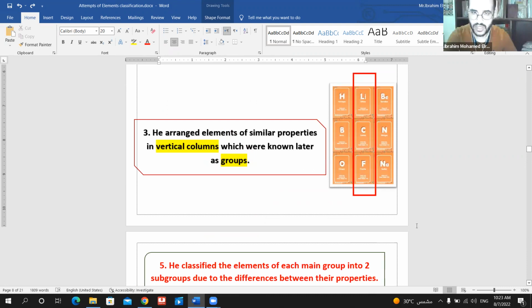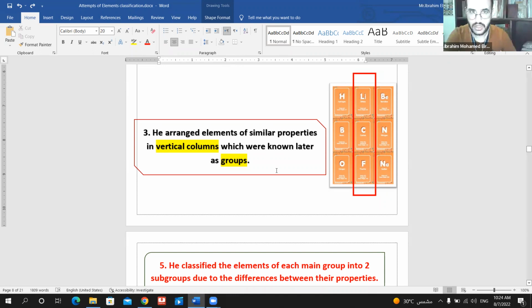So he has done two things until now. He prepared 67 cards, each card representing an element, and on each card he wrote the name of that element, its symbol, its atomic weight, and some important properties like the melting point, the boiling point and the density.